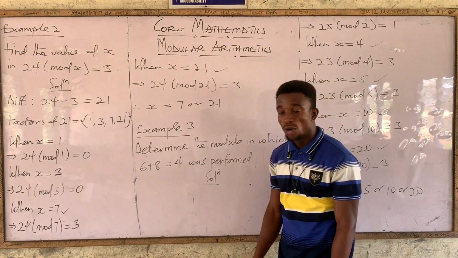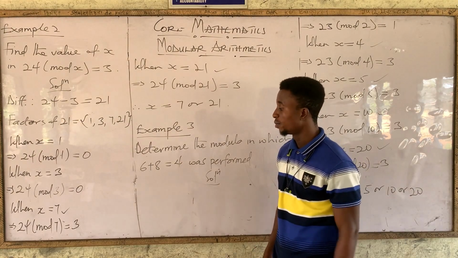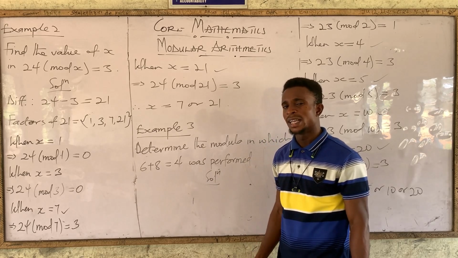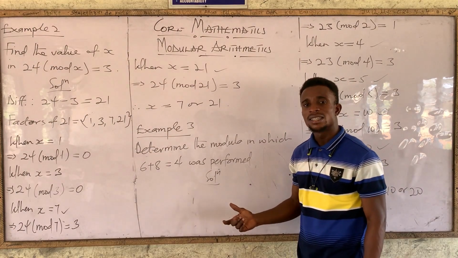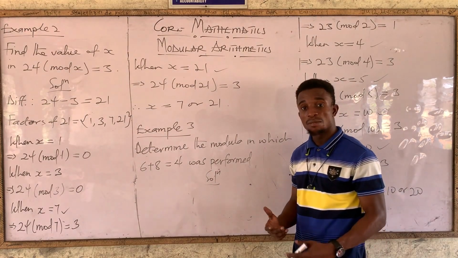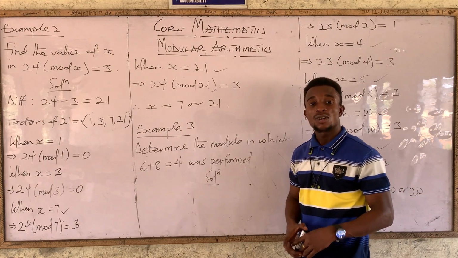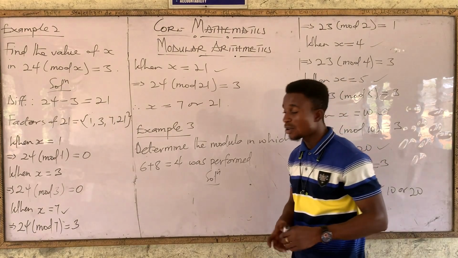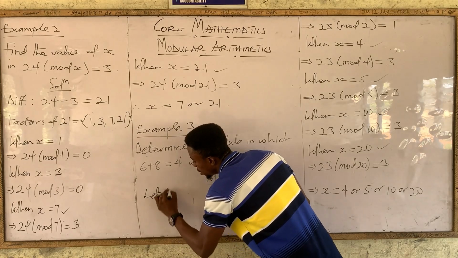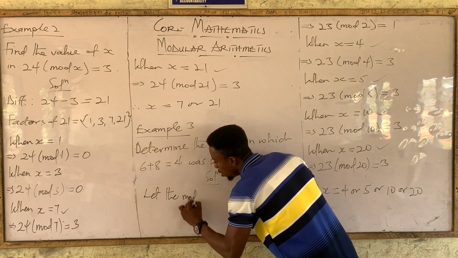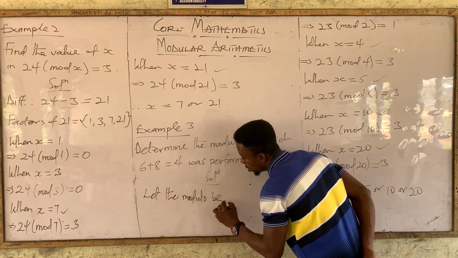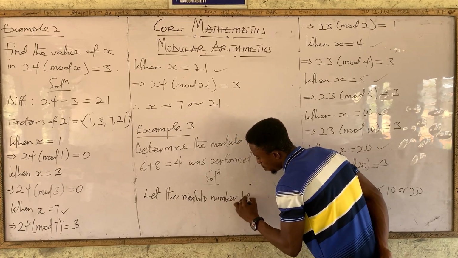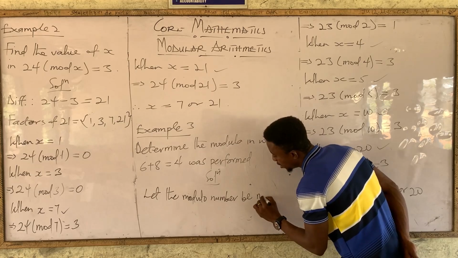And here we are in modulo, and they are asking us in which modulo, whenever I perform this 6 plus 8, will get me a remainder 4. Are we getting that? So we can let the modulo number be, here we are interested in the modulo number, we can let it be equal to X, or any number that we want. So let the number be, let me use n.